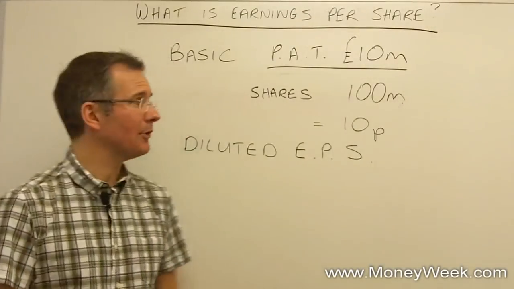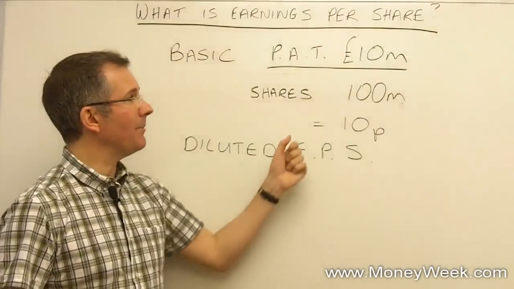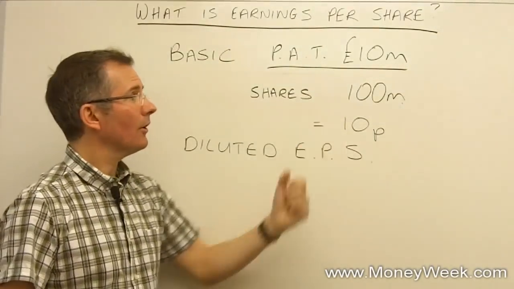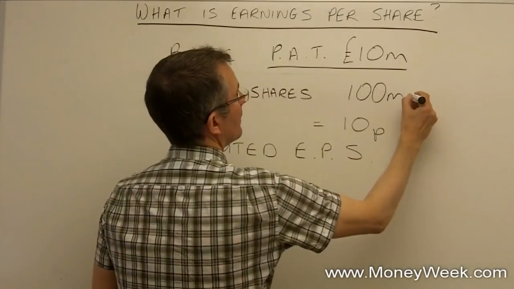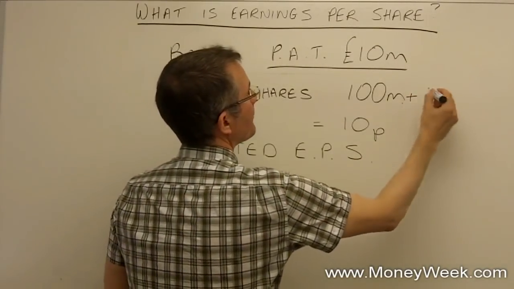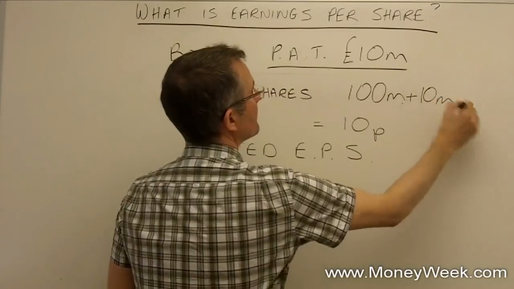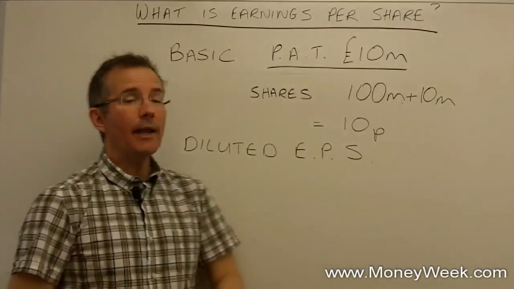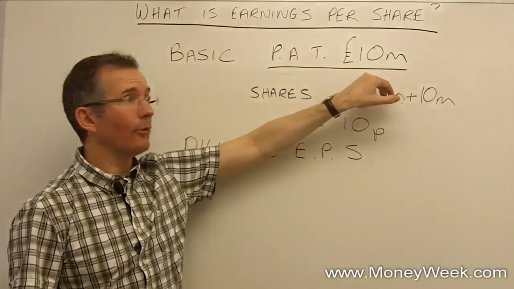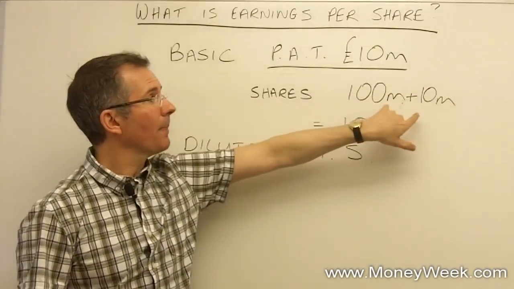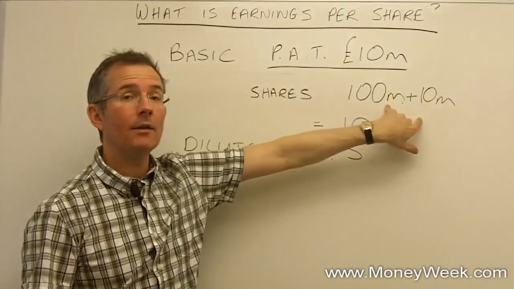So diluted earnings per share would say, well, actually, maybe existing options could create another, for argument's sake, 10 million shares. And if that's the case, 1 year's profit after tax for the last 12 months won't change, but the bottom of this formula does.